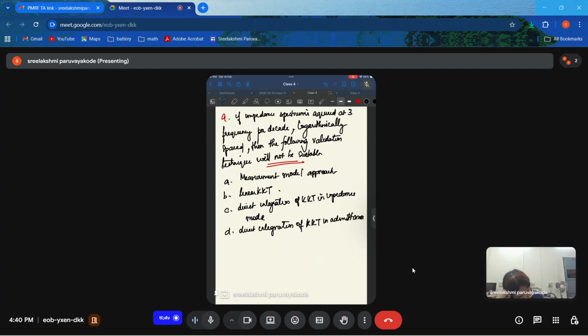So there are also multiple options here, not a single option. If you have more than one, you can go for that. So where is it not suitable? We already know that when there isn't enough data, the KKT cannot be done properly. So the options because of that become direct integration of KKT in impedance format or in admittance form. Option C and B.